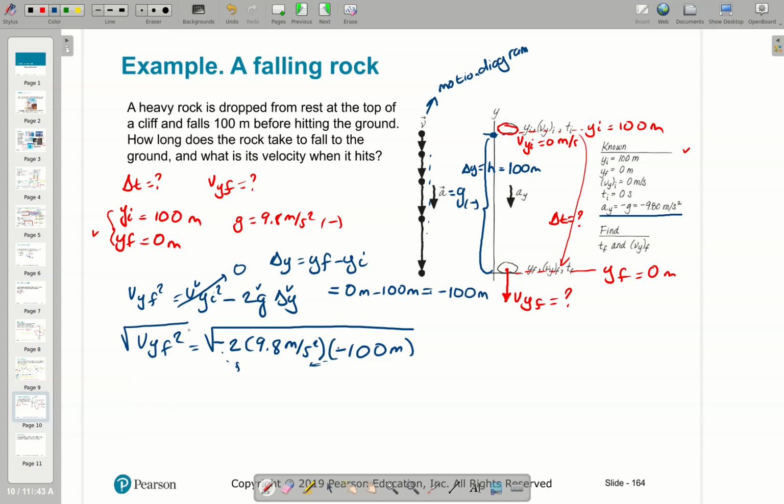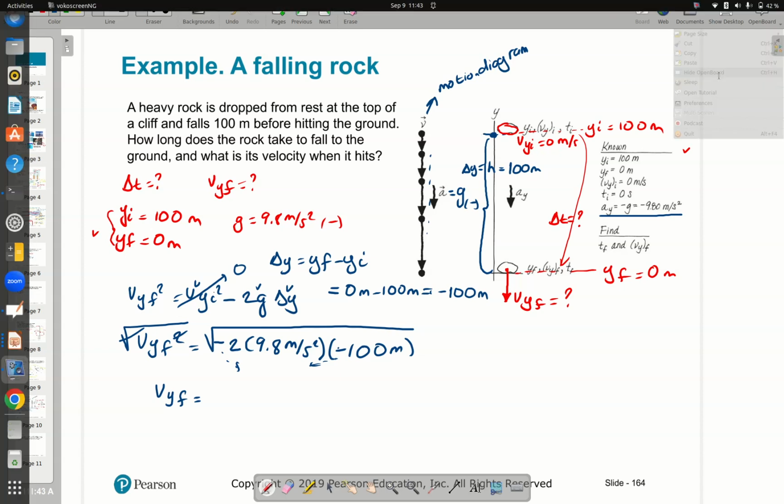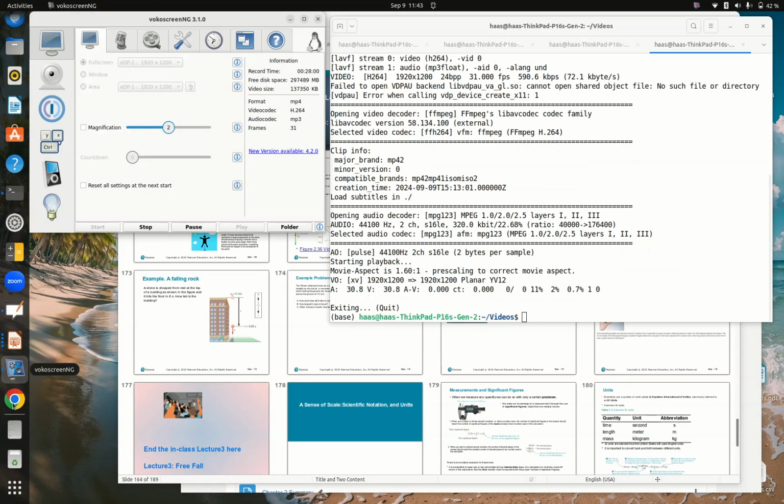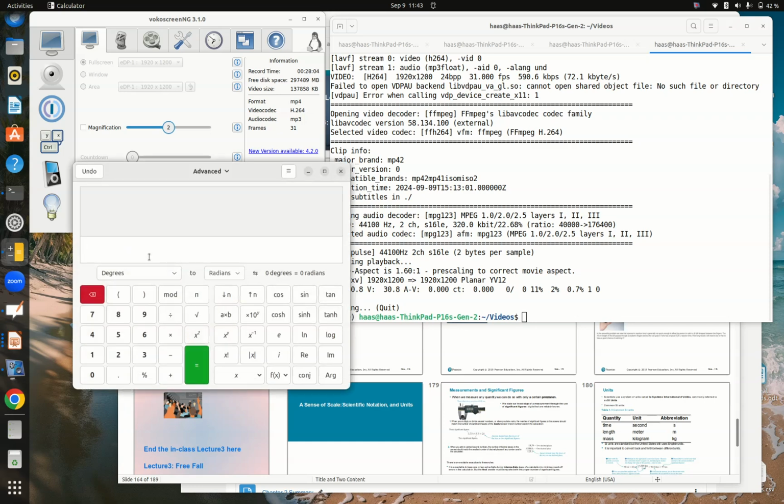And I'm going to find this Vy final. It equals, I actually don't have the answer, and I'm going to do it here with you folks. It's 2 times 9.8 times 100, square root. Let's do that. This is how my computer calculator works.